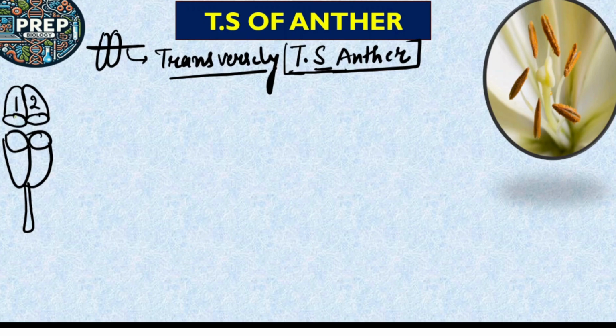Now inside the lobes, how many compartments do we have in each lobe? Two compartments in each lobe, that is called dithecous nature. If we see this enlarged, it has this kind of structure.